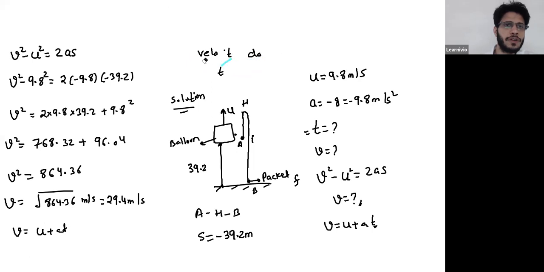Okay, let's solve it further. I won't do the calculation. Just put the value of v, put the value of u, a, and get the value of t.